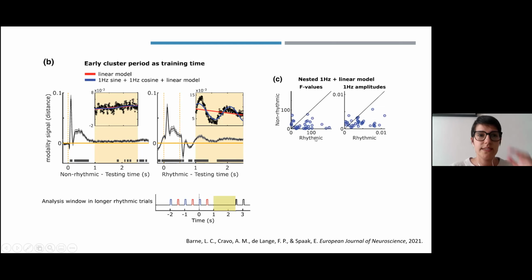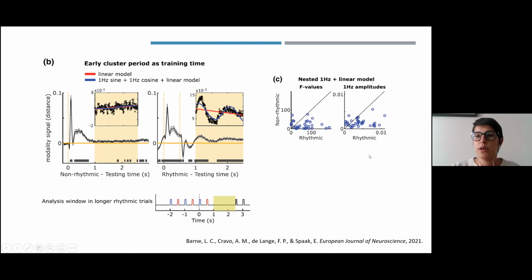And what we see is that for rhythm trials, the sine model was way better than just the linear model, but not for the non-rhythm trials. So this is a comparison in F values, and we also compare the amplitude of the sine parameter.